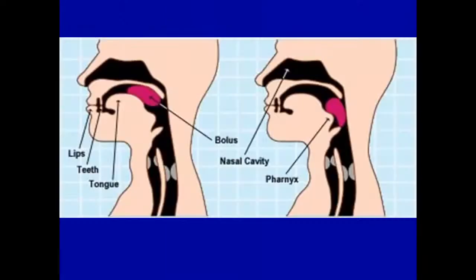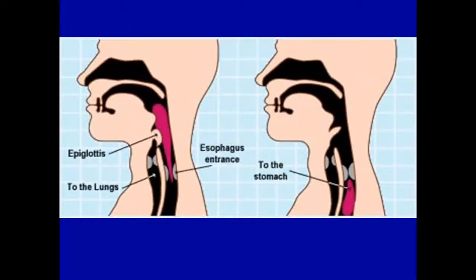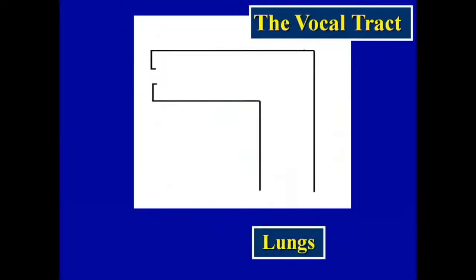This is the food channel. Now this is another figure showing us the two different passages, the passage for food and the passage for air. And what blocks the food from entering the passage for air is the epiglottis. You have everything there. Okay.